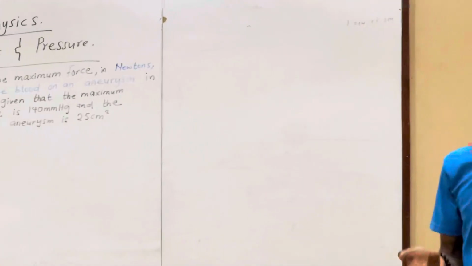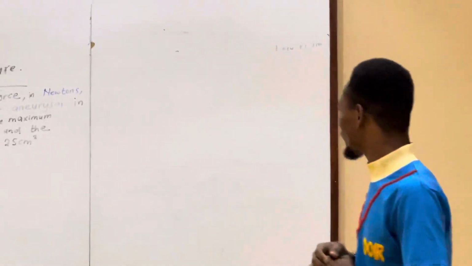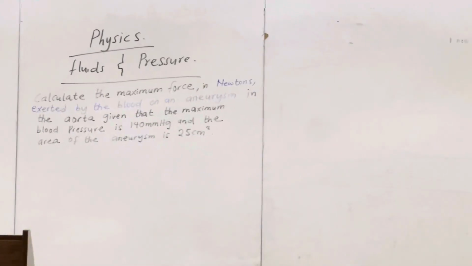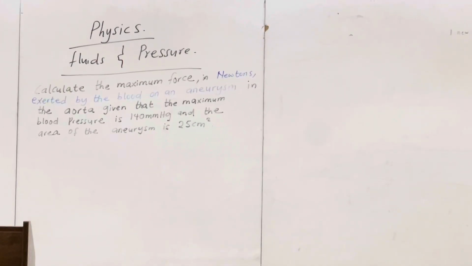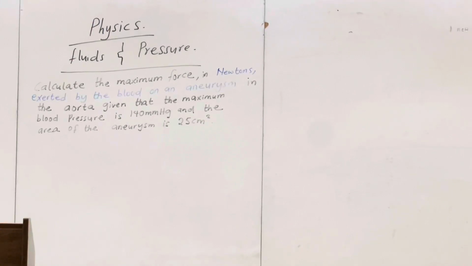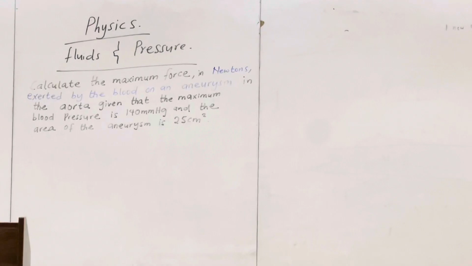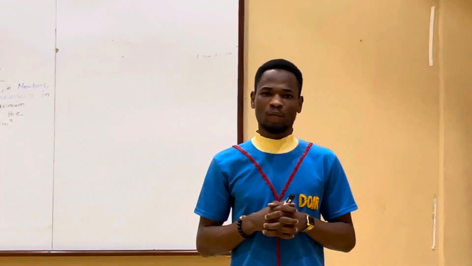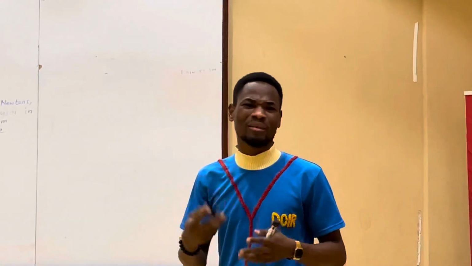And you know that aorta is the largest artery. In the aorta, given that the maximum blood pressure is 140 millimeters of mercury, and the area of the aneurysm is 25 centimeters squared. Someone will be wondering, what is this aneurysm?